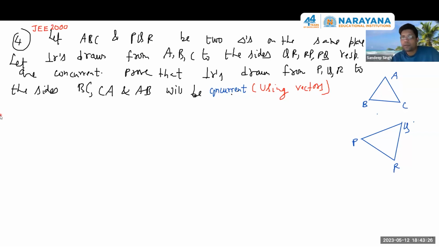So tell me, how will you start this? What should be the approach? Like vector equations we have to write? Tell me the starting step. How will you make use of the first information, that the perpendiculars from ABC to these sides are concurrent?